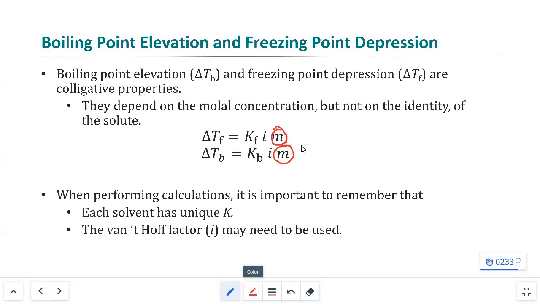But like we saw with osmotic pressure, that molality does have a caveat attached to it.